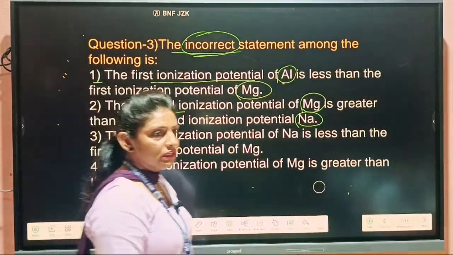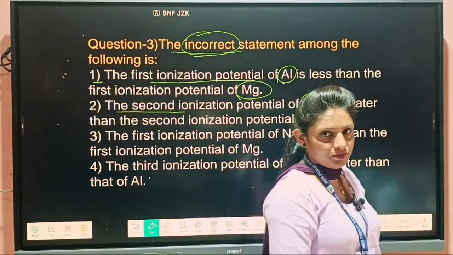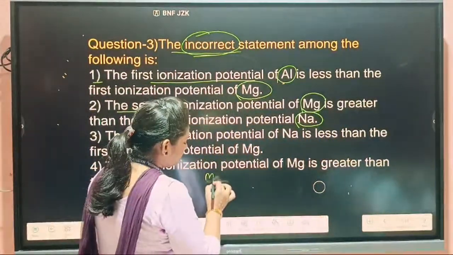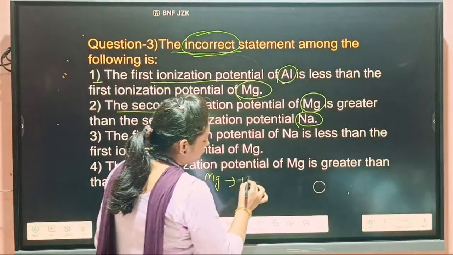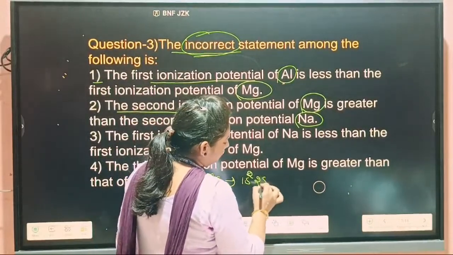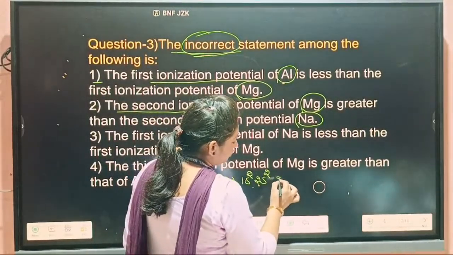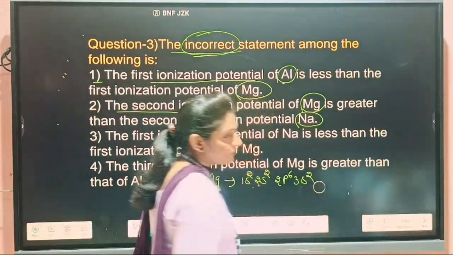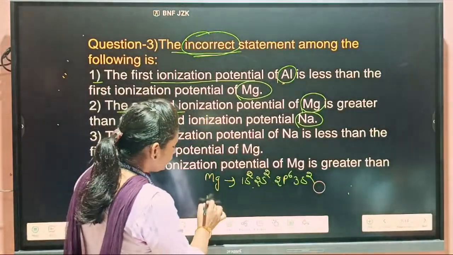Means now we will see the second ionization enthalpy. Okay. So first of all, write the configuration for magnesium. For magnesium, it is 1s2, 2s2, 2p6 and 3s2. Okay. Then for sodium.